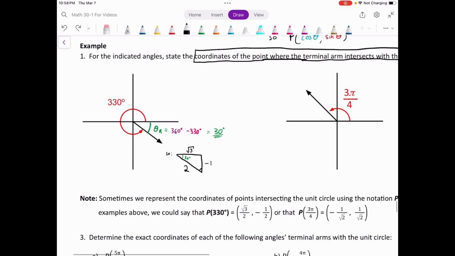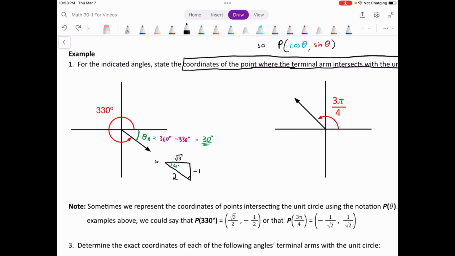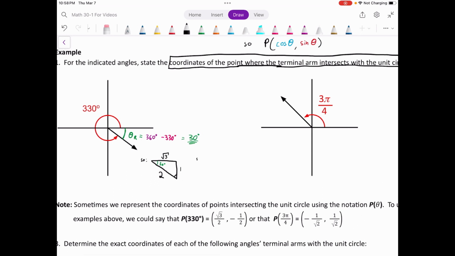Now this question just becomes: what is the sine of 30? What is the cos of 30? And should it be positive or negative based on what quadrant we're in? So here we go. Sine of 30 degrees, sine of my reference angle, is y over r, opposite over hypotenuse.